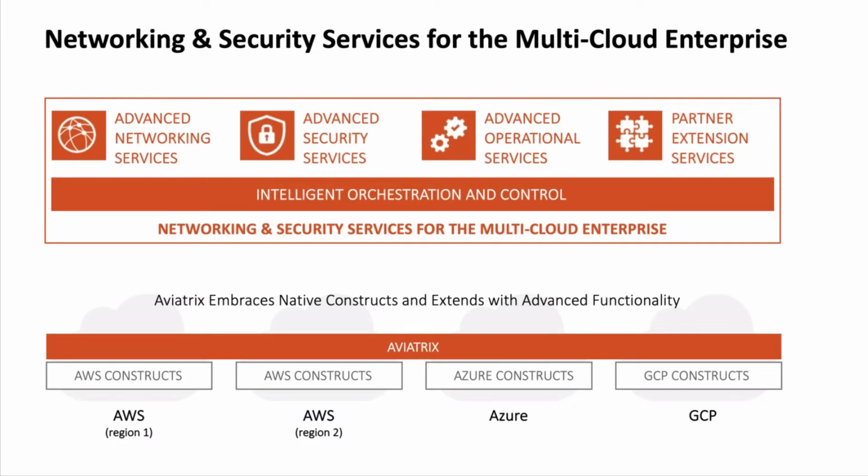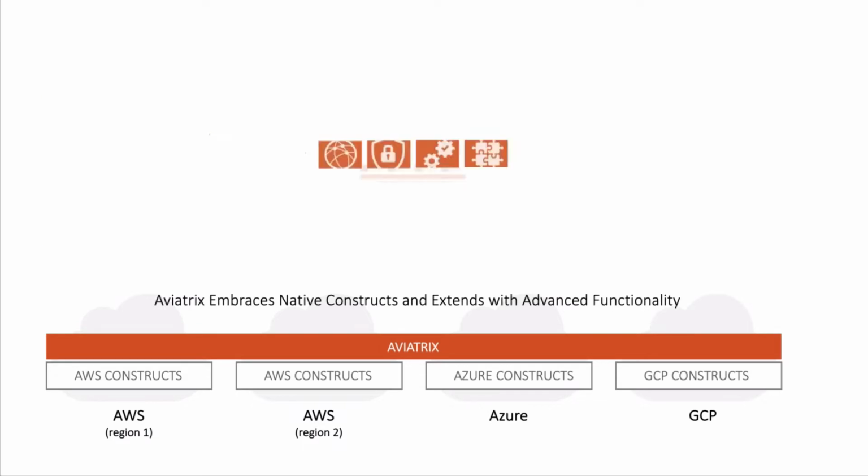So we, through this platform, deliver advanced networking services, advanced security services, advanced operational services, and then extension services. And we'll talk about all of this. And of course, the SAML VPN capability will fall under the advanced security services here. But of course takes advantage of the advanced networking features that we'll talk about quickly.